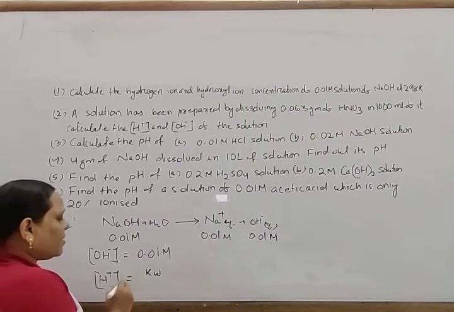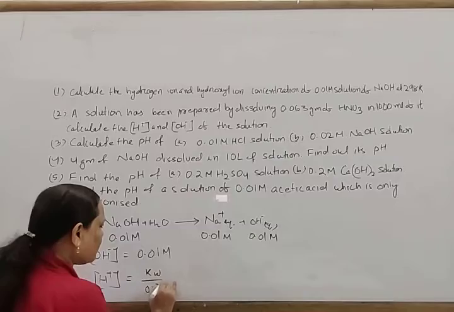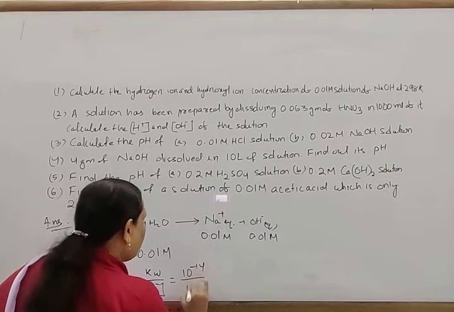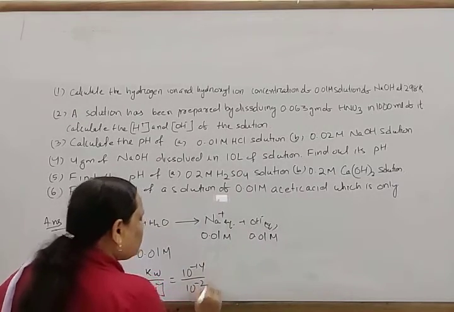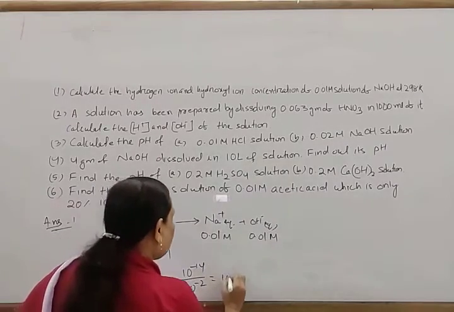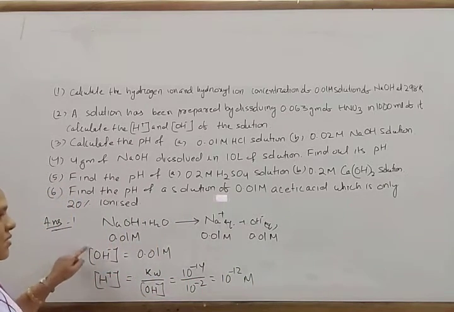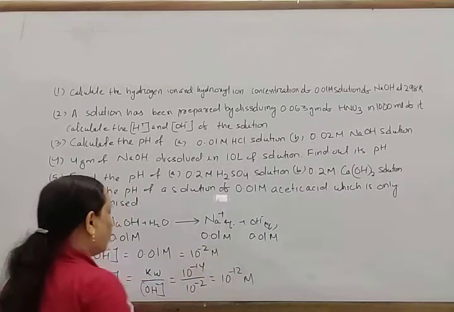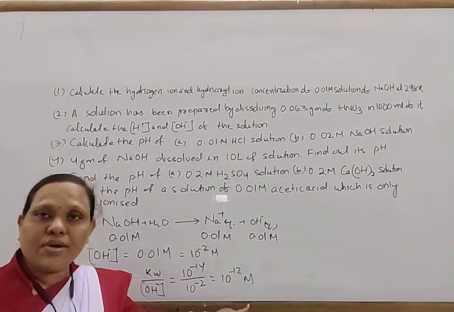This H+ ion concentration is equal to Kw by OH- concentration, that is 10 to the power minus 14 by 0.01, which means 10 to the power minus 2, giving 10 to the power minus 12 M. So the OH- concentration is 10 to the power minus 2 M and the H+ concentration is 10 to the power minus 12 M.